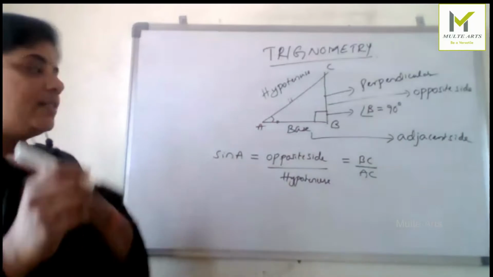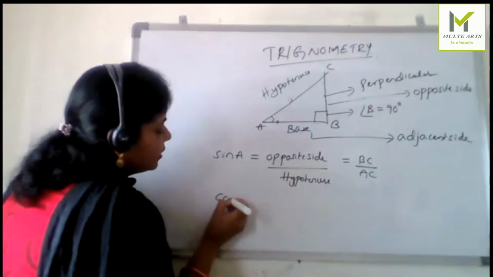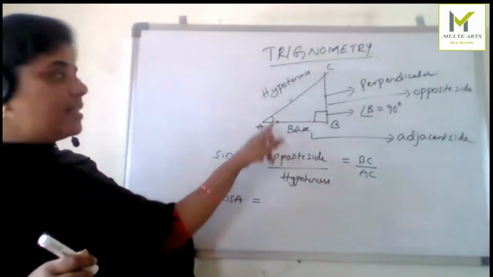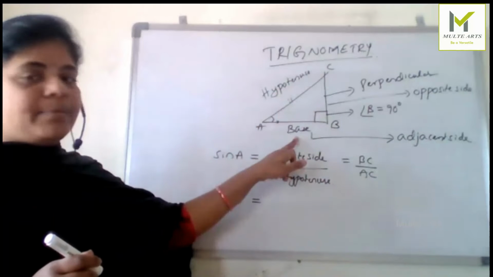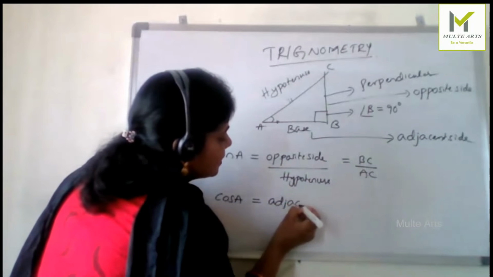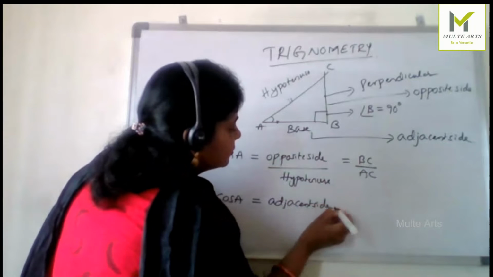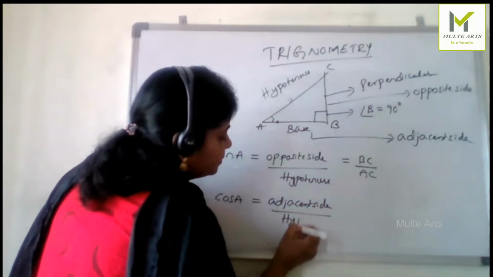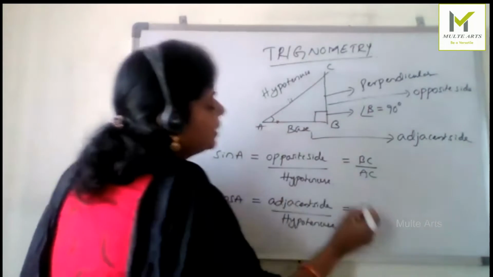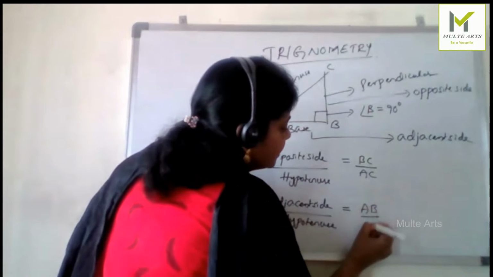Now I'm going to define cos A. Cos A will be defined as adjacent side by hypotenuse, that is AB by AC. So cos A is known as adjacent side by hypotenuse, which is equal to AB by AC.